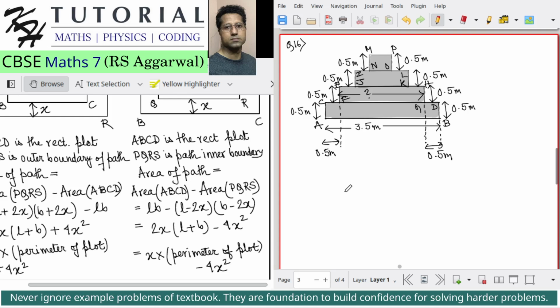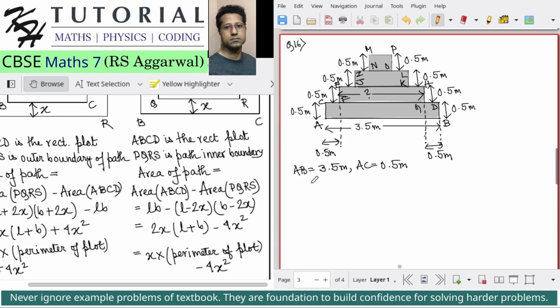So clearly we can see that AB is given to be 3.5 meter, and also AC, its width, is 0.5 meter. So these are the dimensions of the largest or the bottommost rectangle.